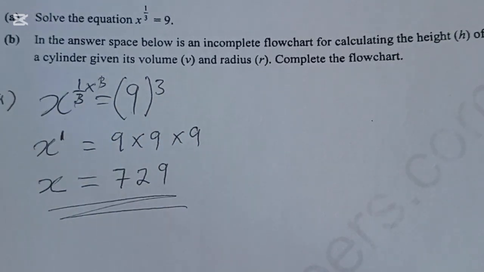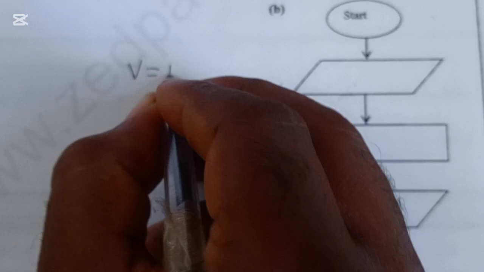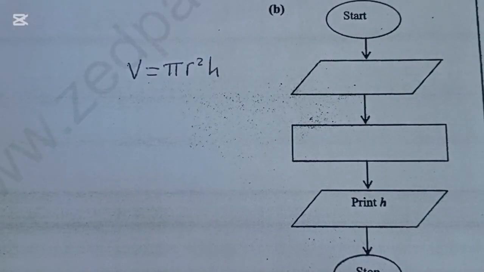The most important thing here, you must know the formula for the volume of the cylinder. Then it will be easy for you to answer this question. So the volume of a cylinder is equal to pi r squared h. That is the volume of a cylinder.